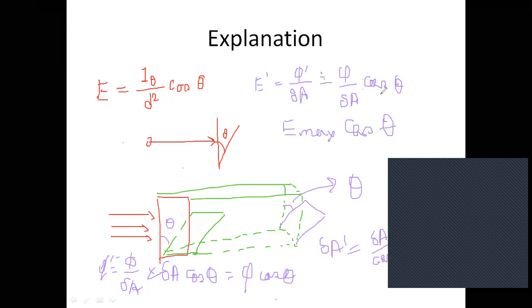So del A dash is del A by cos theta, and the illuminance becomes E dash equal to phi by del A dash.